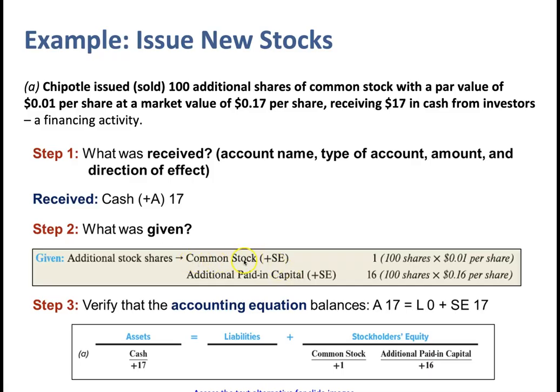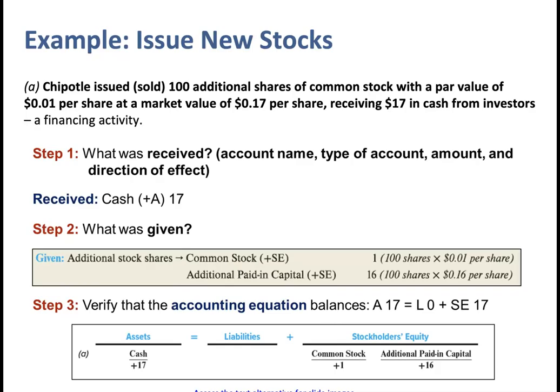Because common stock represents the face value of the stock. And the difference between the market value and the face value, which means the $16 in total in this example, would be the premium that the shareholders pay because of the potential that the company is going to grow. So that $16 will be recorded in something called APIC, additional paid-in capital. Now this is just an account name for premium, basically.